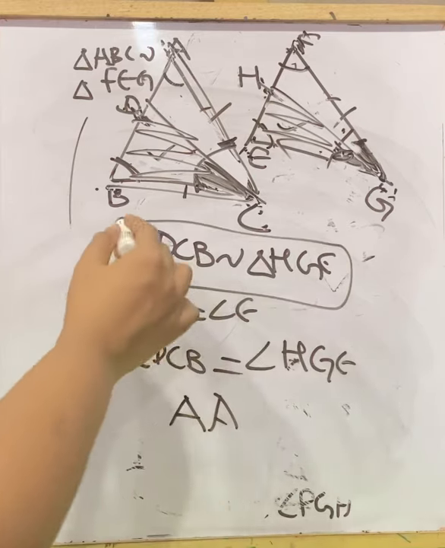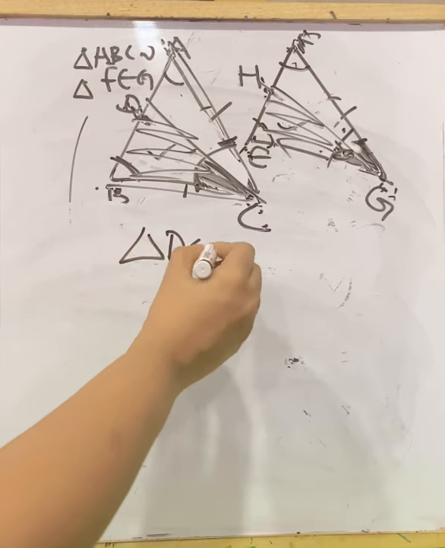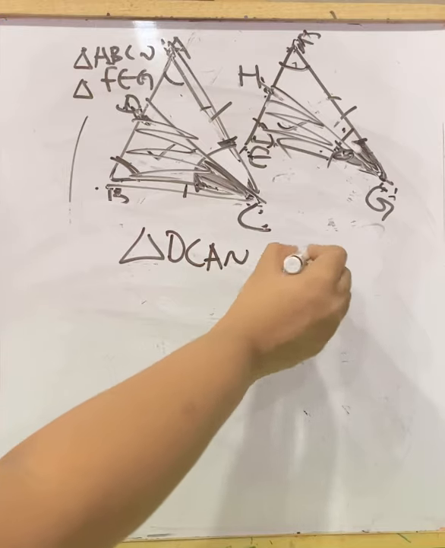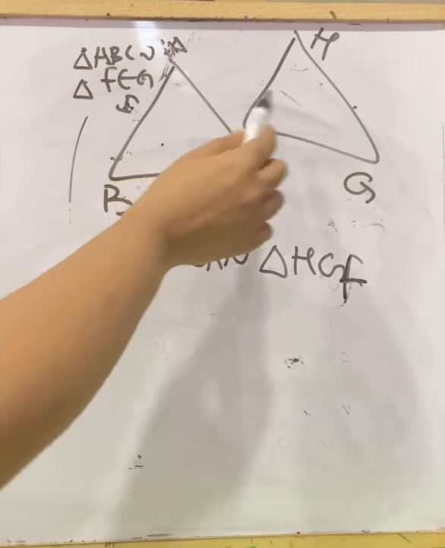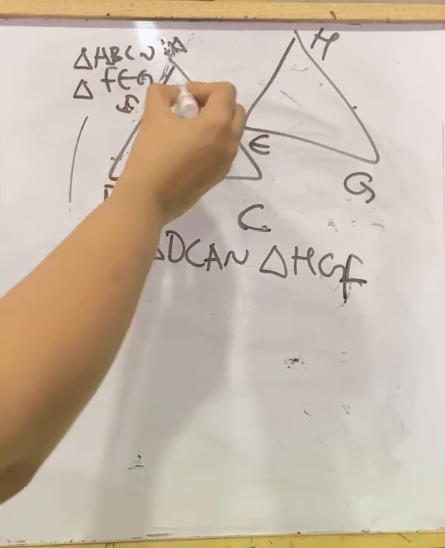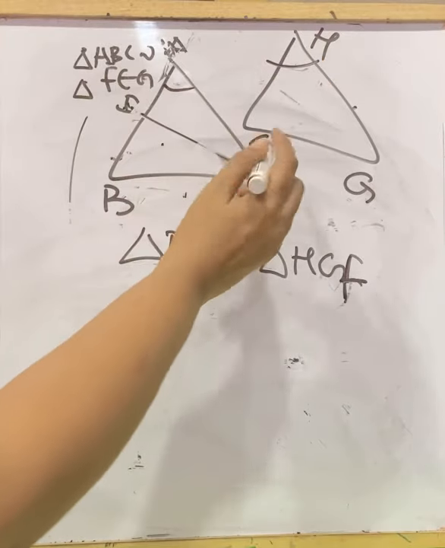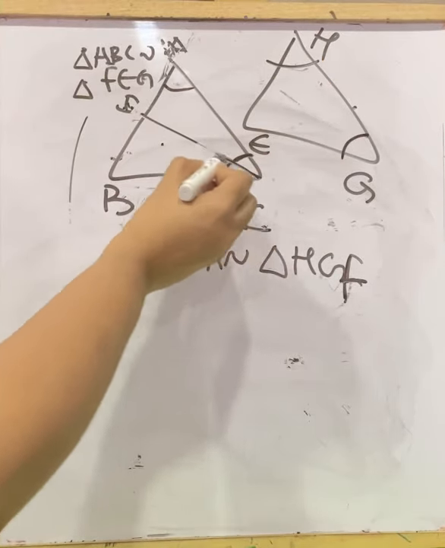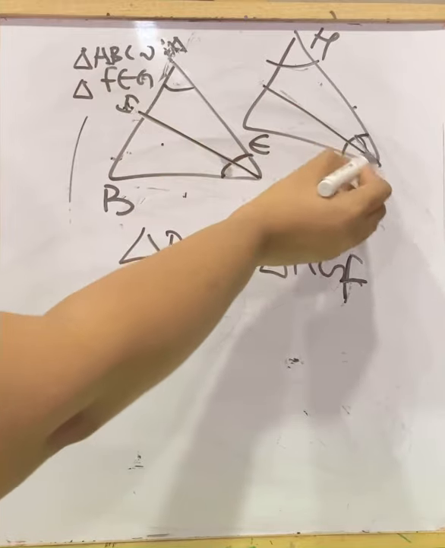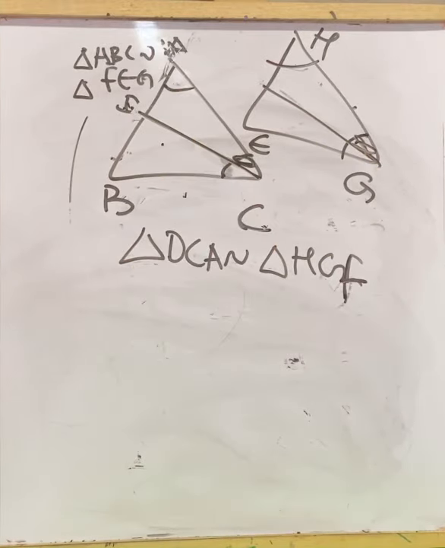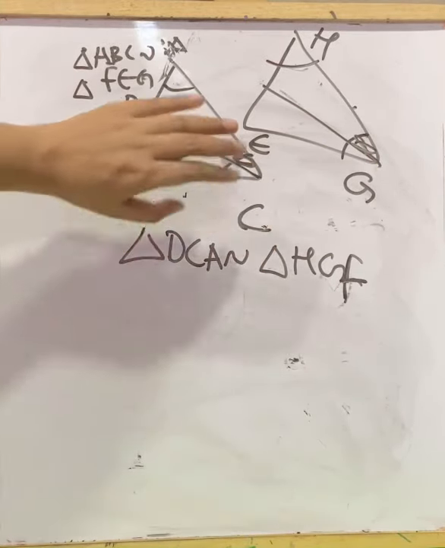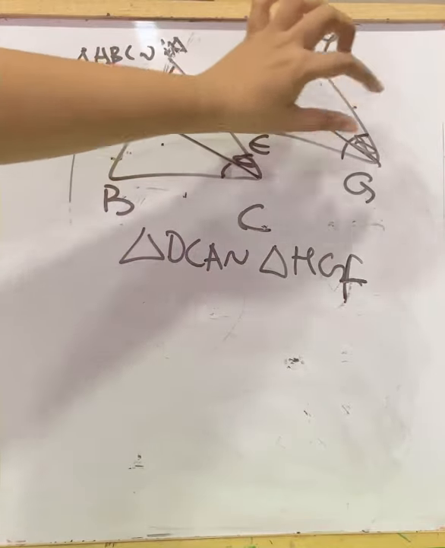That is what asked. Next, triangle DCA similar triangle HGF. Here these two triangles are similar, so these angles will be equal. These angles are also equal. Now we take the half. So this half and this half will be equal because angle C equal to angle G. Then taking the half, these will also be equal.